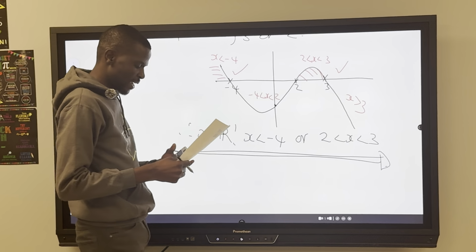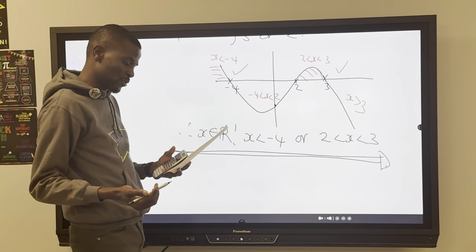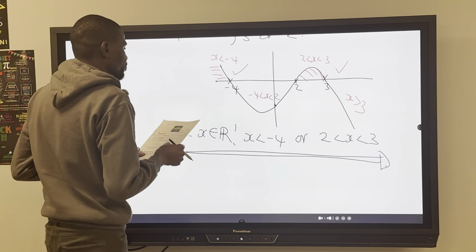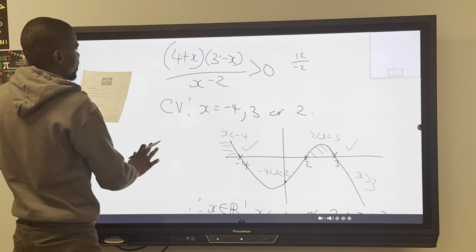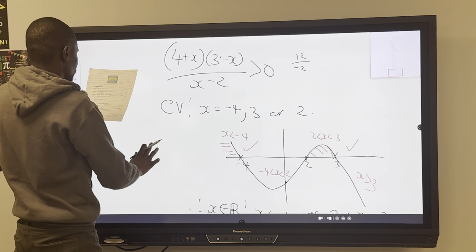Or, like what I said, another method which you could use, because remember, we just want to talk about inequalities once and for all, right? So another method that we can use here is this one. So it becomes 4 plus x, it's okay.